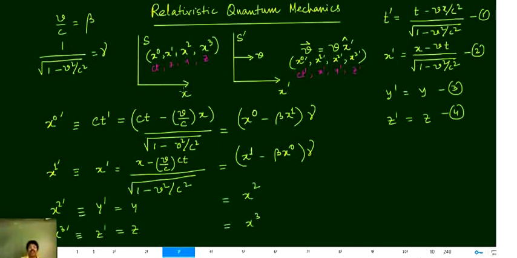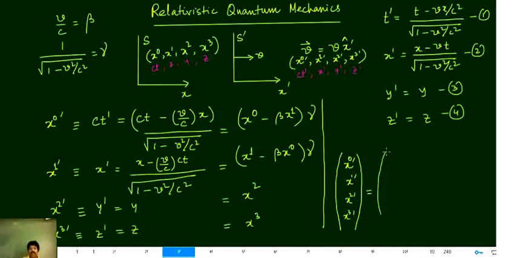Now you can easily write this in matrix form. In matrix form it should look like this. Here you have x0 prime, x1 prime, x2 prime, x3 prime, and you have the Lorentz transformation matrix here.